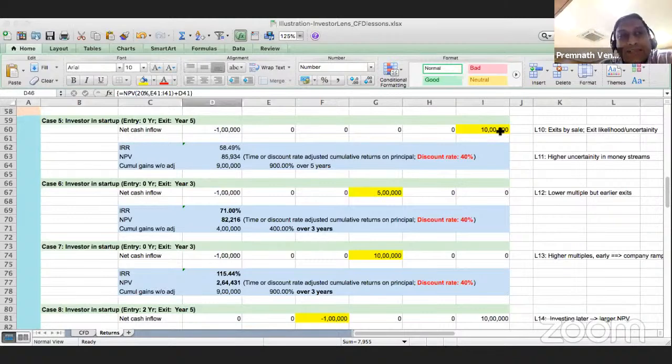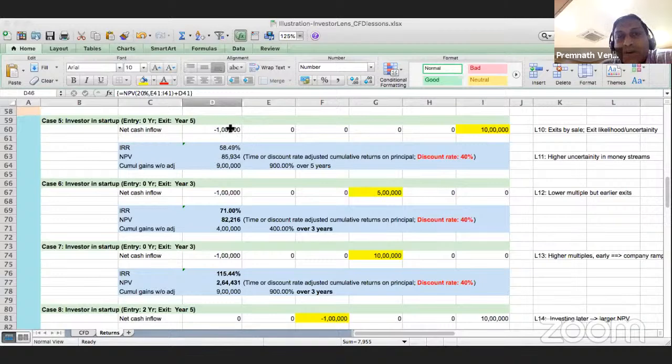Let's look at this. In this case, 10 lakhs came out as an exit. They got 10 lakhs after they invested 1 lakh, in 5 years' time. What does this translate to? The calculation shows IRR is about 58%, NPV is about 85,900, or 90,000 or so.